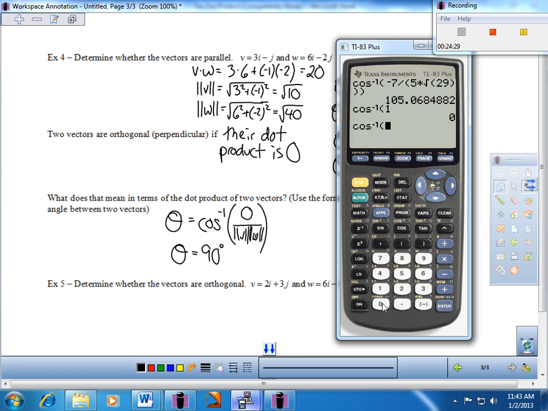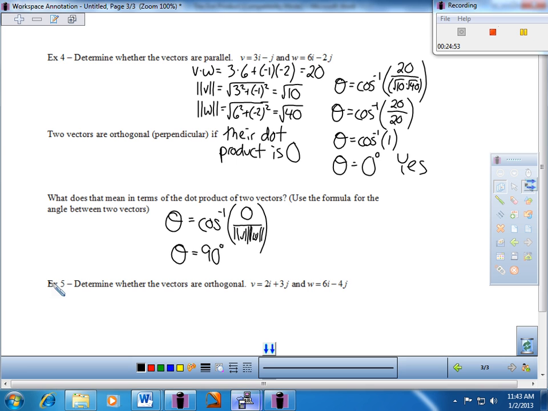So inverse cosine, 0 divided by anything is 0. And inverse cosine of 0 is 90. So as it says on your sheet now, you can totally shortchange this when I ask for perpendicular or orthogonal: if the dot product is 0, yes. If not, no.